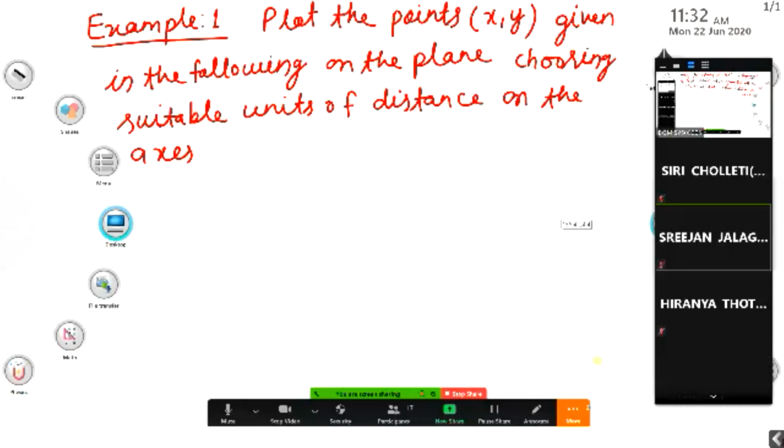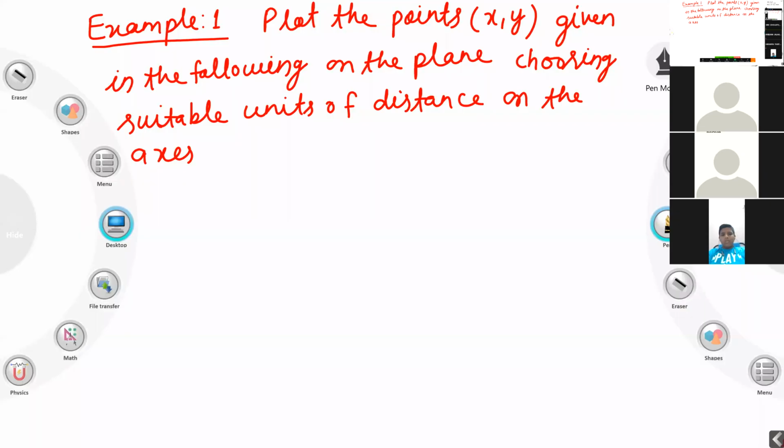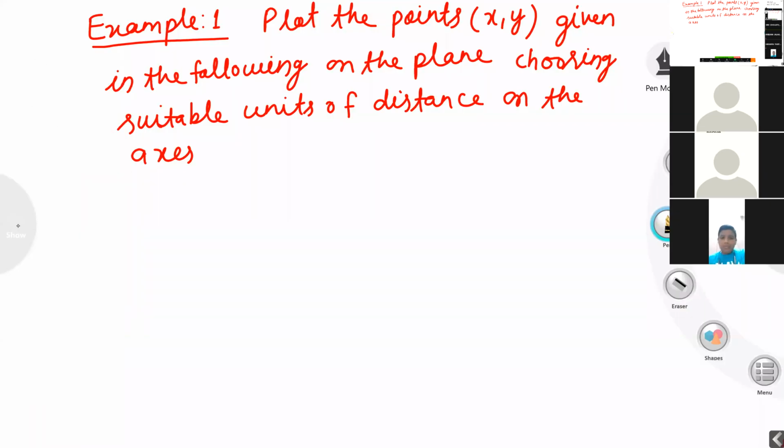Yeah, this was the question. Plot the following points x comma y given in the following on the plane, choosing suitable units of distance on the axes. The table is this.